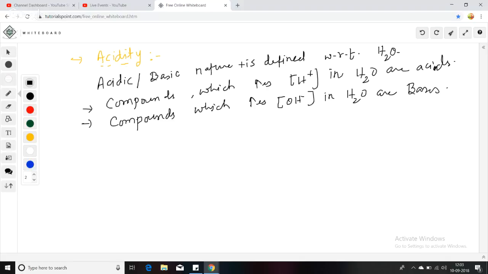So these are the basic definitions we have of acid and base while we are comparing organic compounds. Right now, coming back to this phenol. Phenol, the structure is what? The structure is this. We have a benzene ring, right, and OH present here.